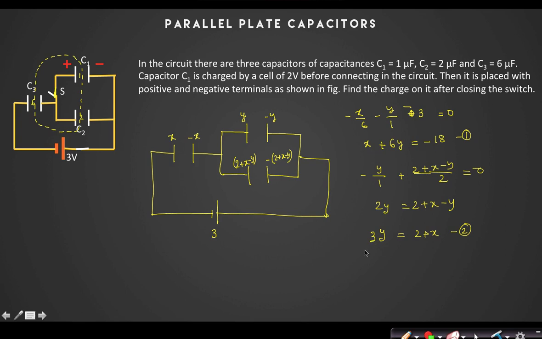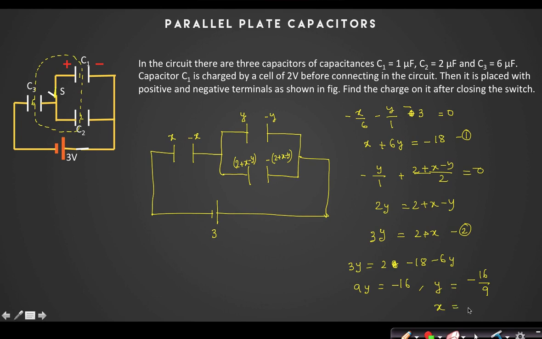So from the two equations, 3Y is equal to 2 plus X, and X is equal to minus 18 minus 6Y. So 9Y is equal to minus 16, so Y is equal to minus 16 by 9. And what is the value of X?